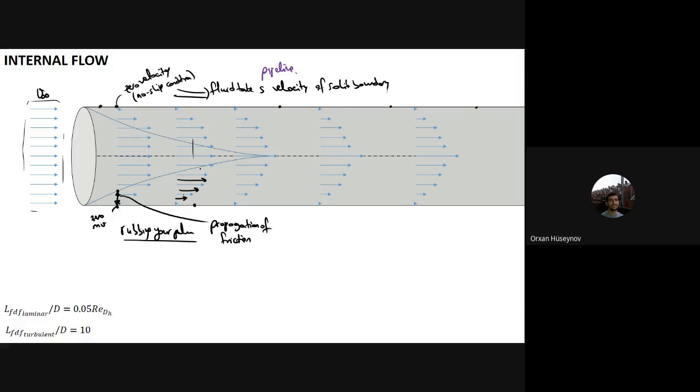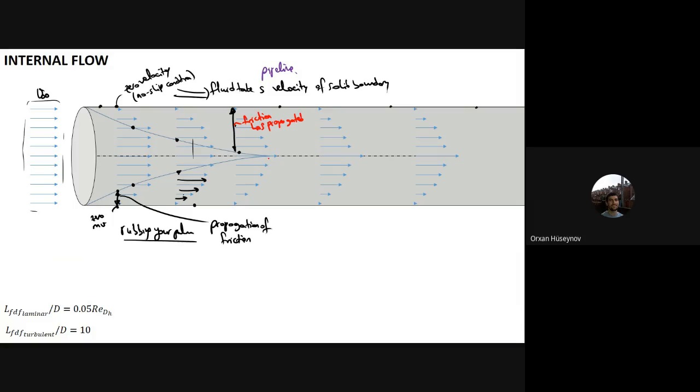But there is some point where the fluid keeps its velocity and doesn't decrease. Then when you move on to the next location, the friction now propagates over that distance. In this part, friction has propagated.